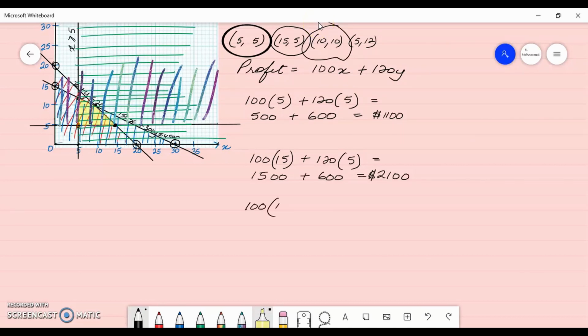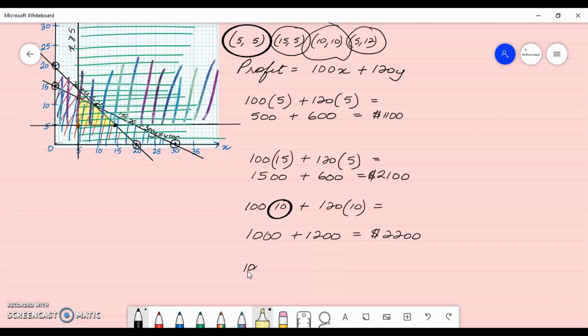Let's look at the next one. 100 multiplied by 10 plus 120 multiplied by 10. And that is going to give us 1,000 plus 1,200, which gives us $2,200. So if he wants to make $2,200 profit, he needs to sell 10 radios and 10 televisions. Now let us look at this last point here.